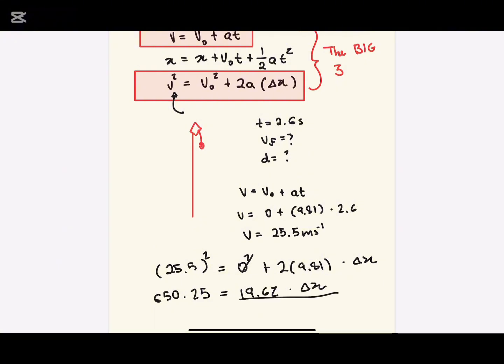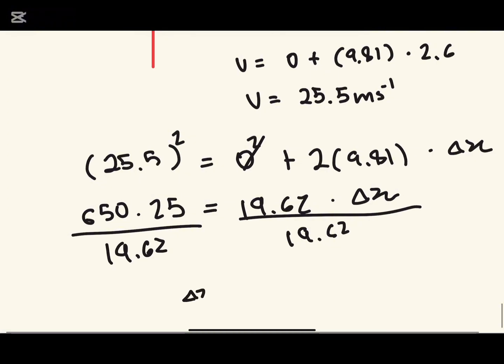Then you just divide by 19.62, and you would get the displacement, which is 33.14 meters.